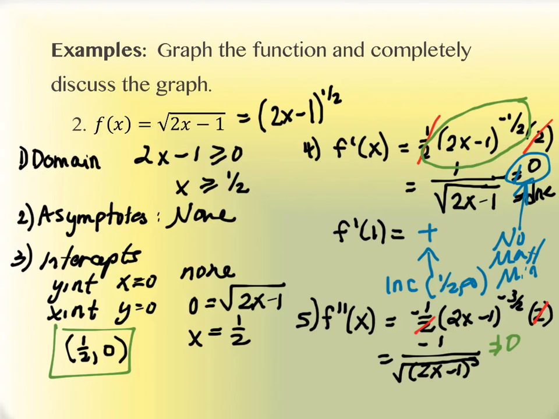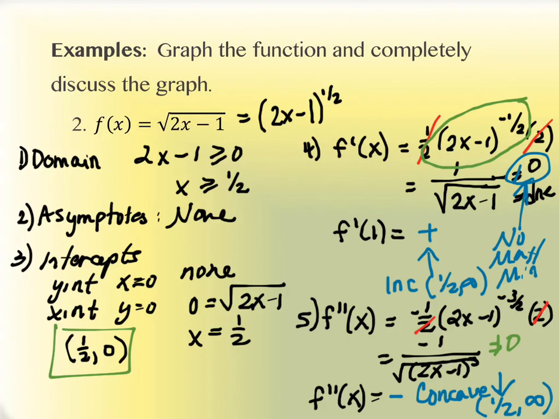So this graph is always negative, which means it's concave down. Negative second derivative. So f double prime of x is negative, which means it's concave down on the interval 1/2 to infinity. So this graph is always concave down and it's always increasing.